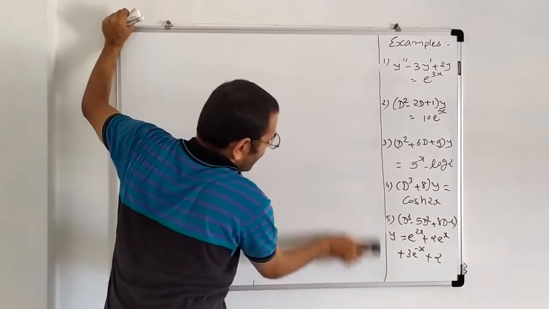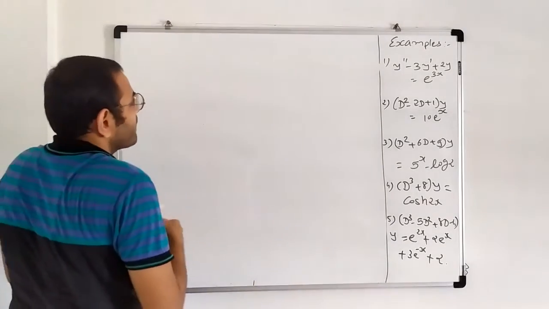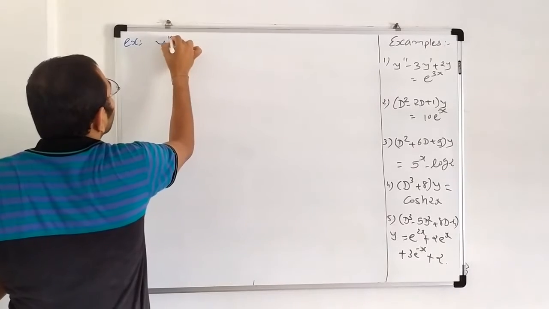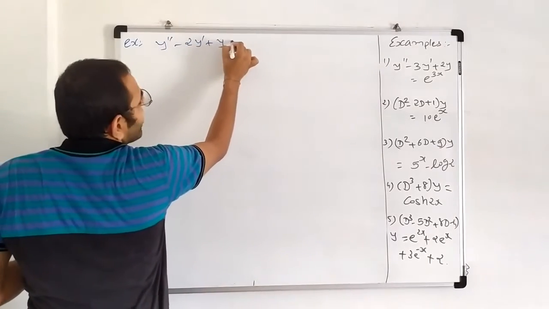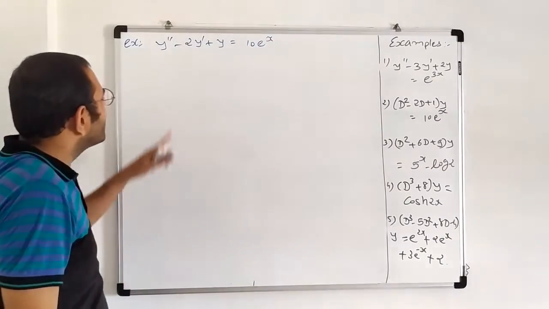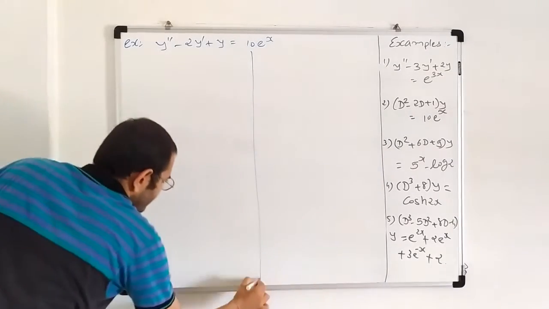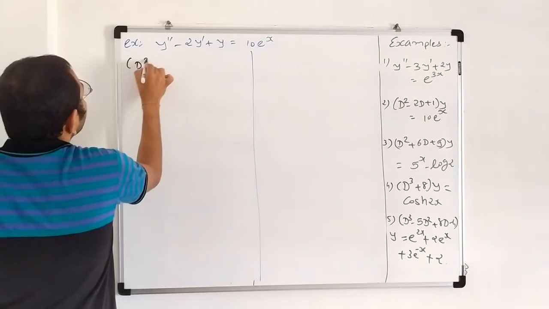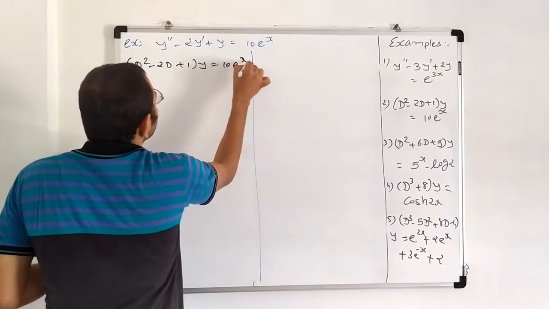Example number 2: y double dash minus 2y dash plus y equal to 10 e raised to x. First, rewrite the differential equation: D square minus 2D plus 1, y common, equal to 10 e raised to x.